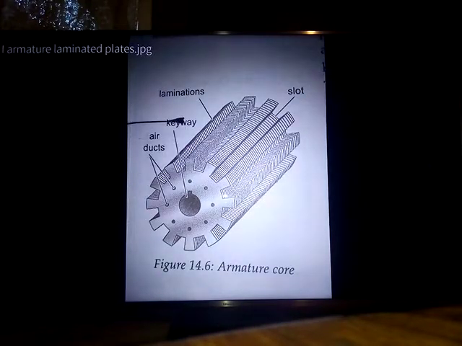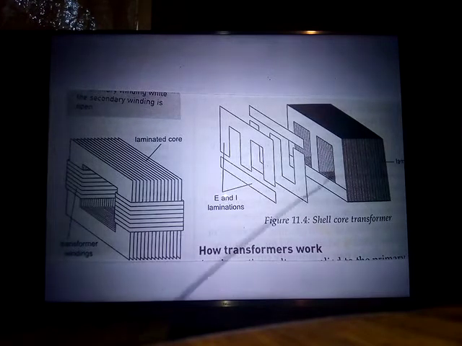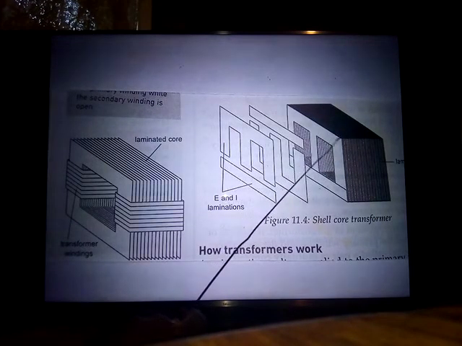That's fine. Now, here is the core of the armature. The core of the armature is made out of different blades. You'll see these are slices of blades. I've got a diagram here of a transformer that we've learned about previously. Look at this transformer. You'll see that the core of a transformer is a laminated core.